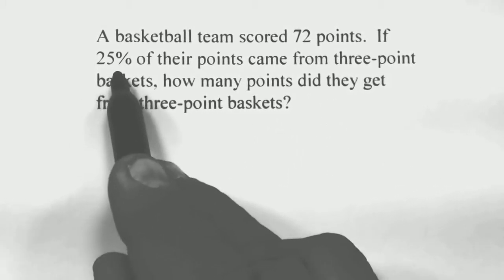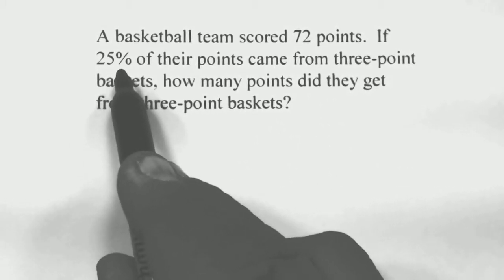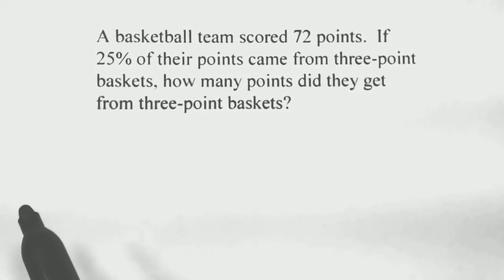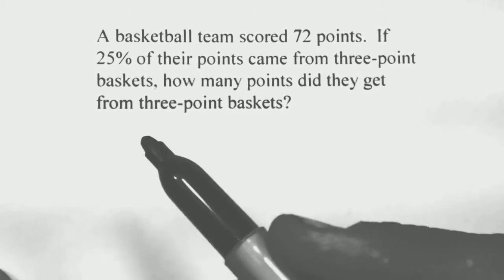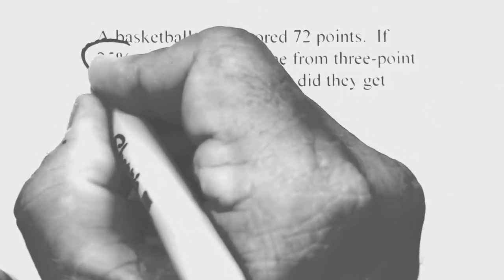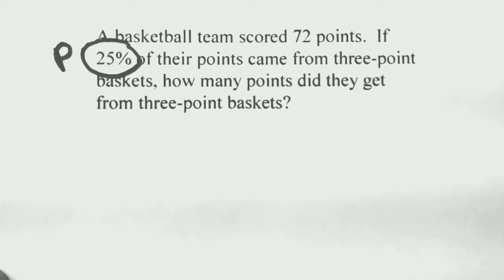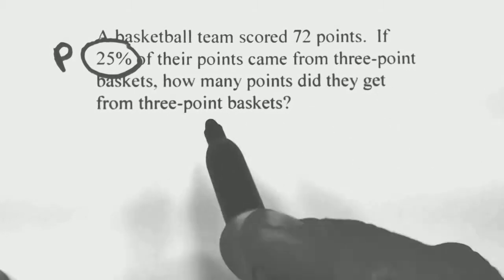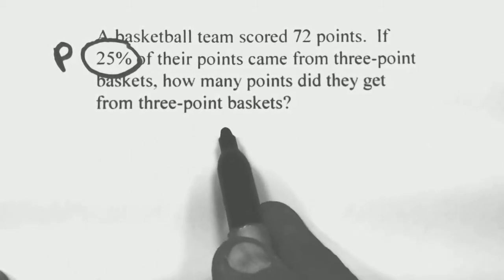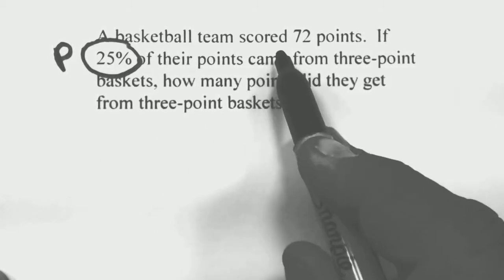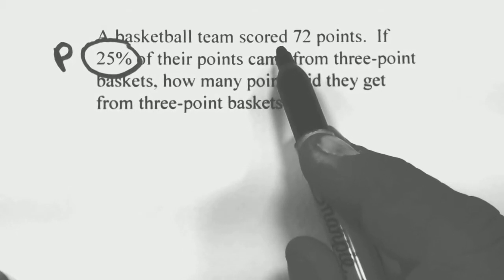Okay, well again, this has got a percent, so you can identify this as a percent problem. That means we can use the A equals PB formula, but of course we've got to identify everybody first. Well, here's the 25%. It's got the percent sign, so that's obviously the P. Now, can we tell how many points they got from the three-point baskets if we don't know the total amount of points that they had?